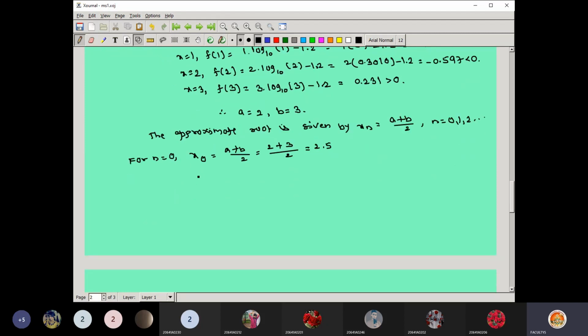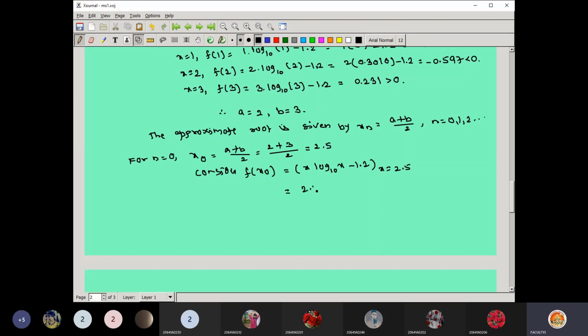And this approximate root, now you are substituting in the given expression. Consider it is f of x naught. Write down your expression x log x minus 1.2. There you are supposing x equal to x naught, means 2.5.